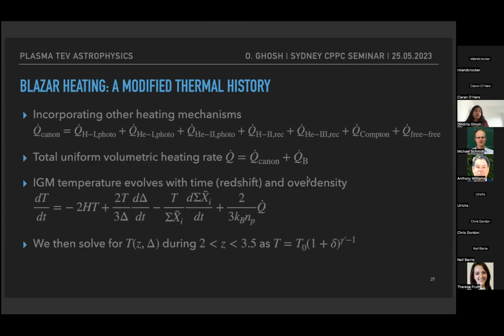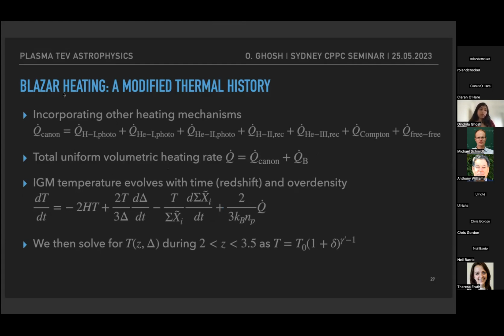So in order to understand the total heating and cooling processes of the intergalactic medium, we need to take into account various heating and cooling terms that come from recombination, photoionization, photoheating, and Compton losses.